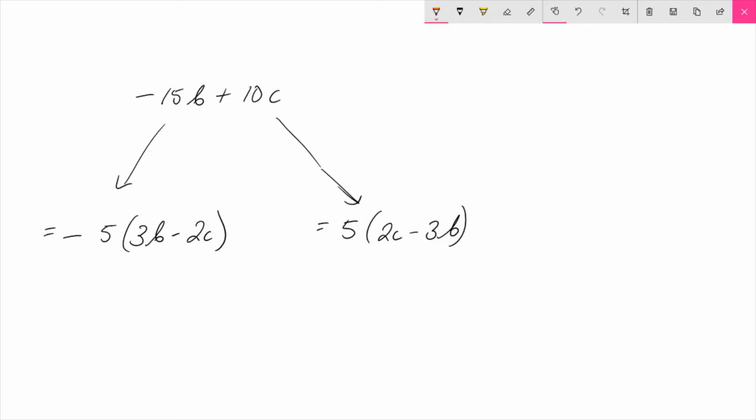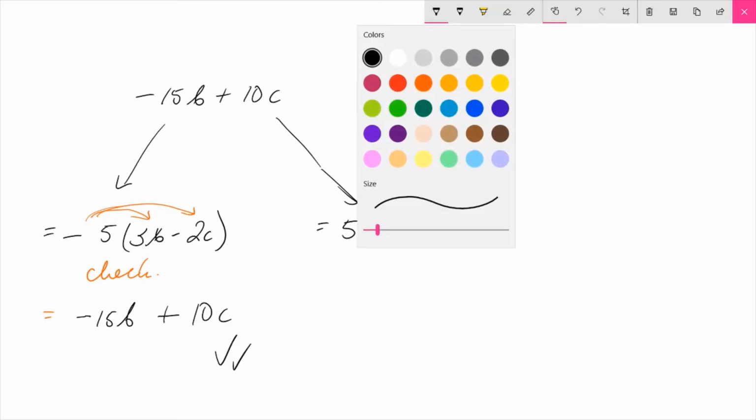If we do a check on both of these, if we expand them back out and see what we get, negative 5 times by 3b is negative 15b. Negative 5 times by negative 2c is positive 10c. So that first version is the same. So that means our factorization is correct.